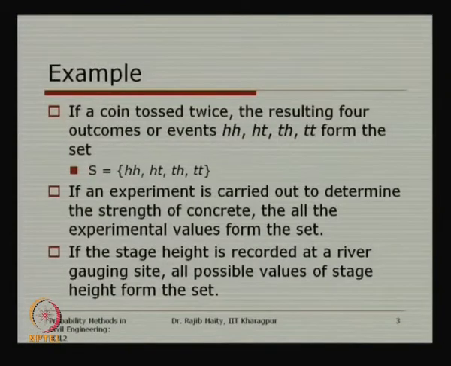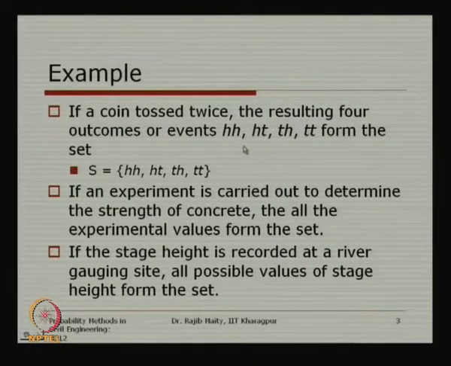With this, let us see different examples, starting with our classical example 1. If we take a coin and toss it twice, then the outcome of this experiment can be either both head, or head tail, or the first one tail and second one head, or both tail.